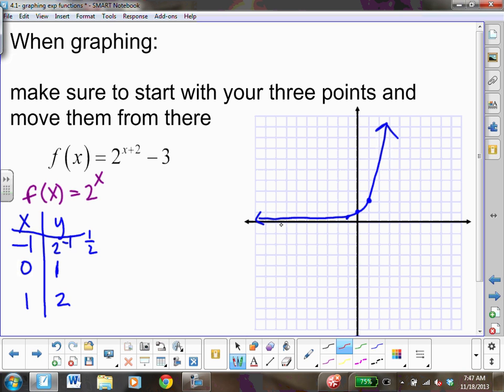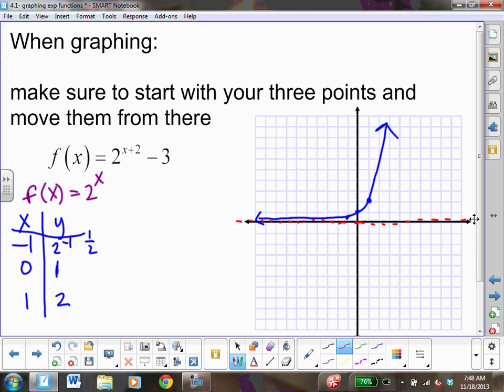We're going to get very, very close to 0, but we're never actually going to touch it. Again, imagine if I plugged in -100 for x of the parent function. I'm going to plot my asymptote because my asymptote might have to shift depending on the shifts that I have.